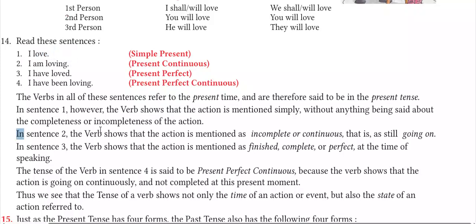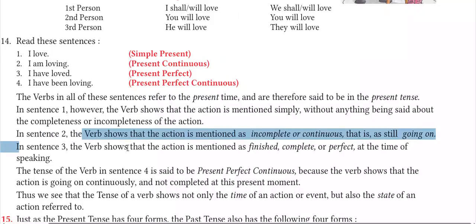But in sentence 2, the verb shows that the action is mentioned as incomplete or continuous, that is still in progress or going on. So it means that whenever any action is in progress at the time of speaking, that will be in present continuous form.